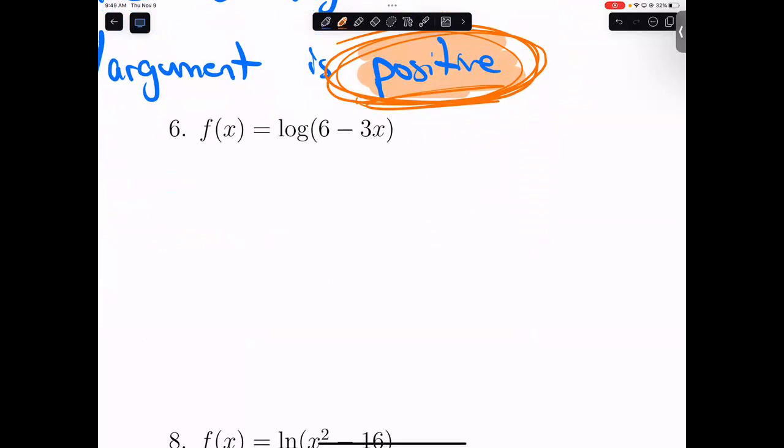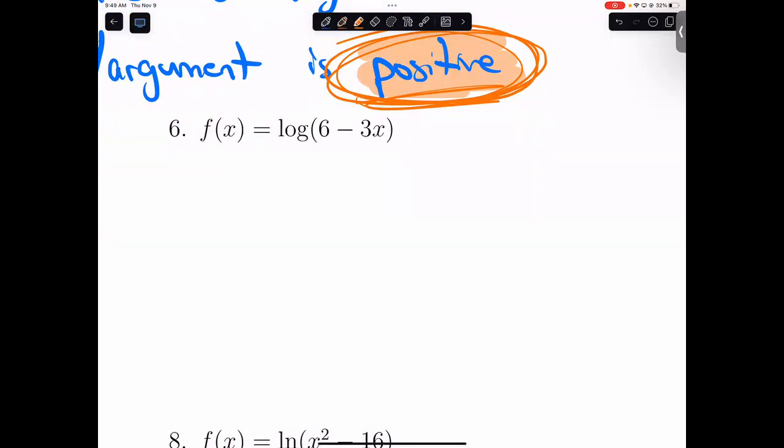The 6 minus 3x part though, that's some linear transformation stuff. There's a shift, there's a reflection, there's a stretching thing. They're all happening in the same direction, which means they all kind of mingle with each other and affect how things work.